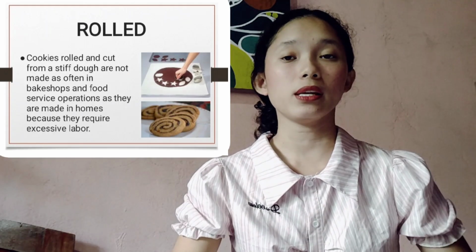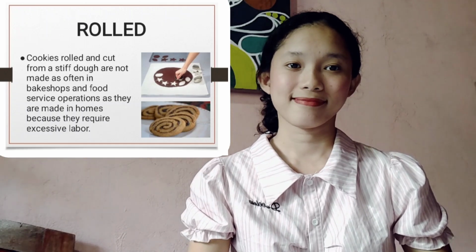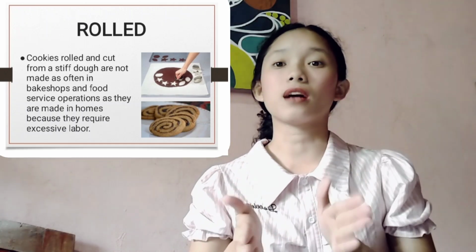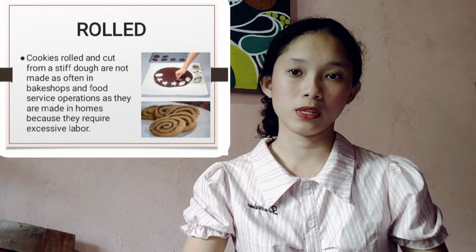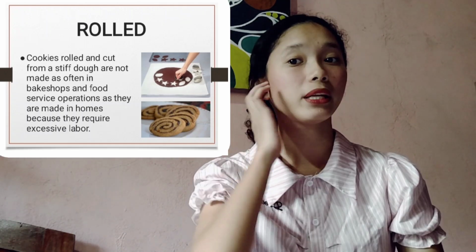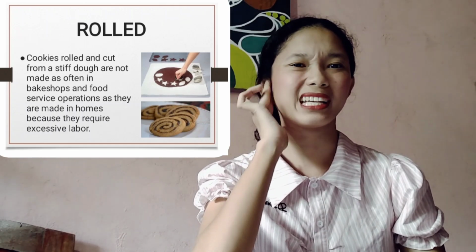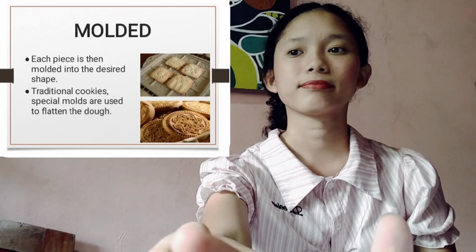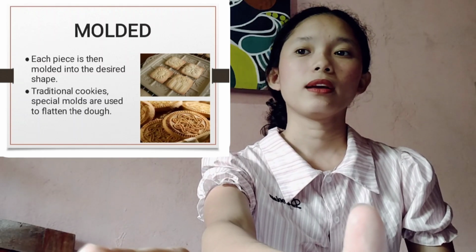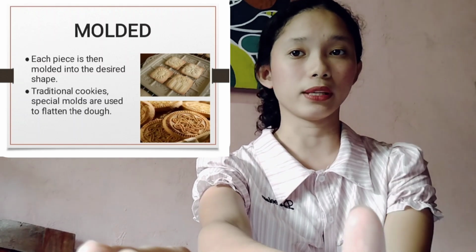Next type of cookie is the rolled cookie. This type of cookie is rolled and cut from a stiff dough. Okay, it is mostly made in homes because it requires excessive labor. Next type of cookie is molded.